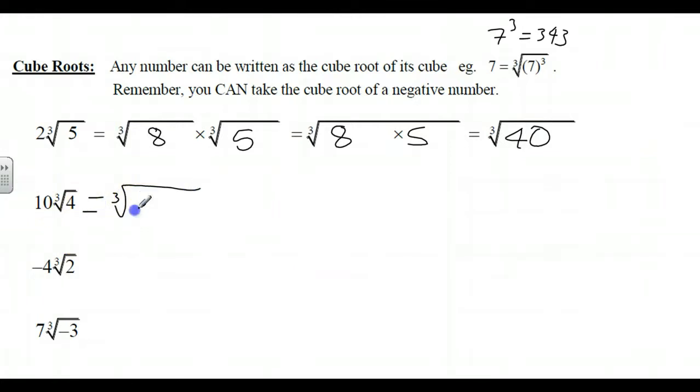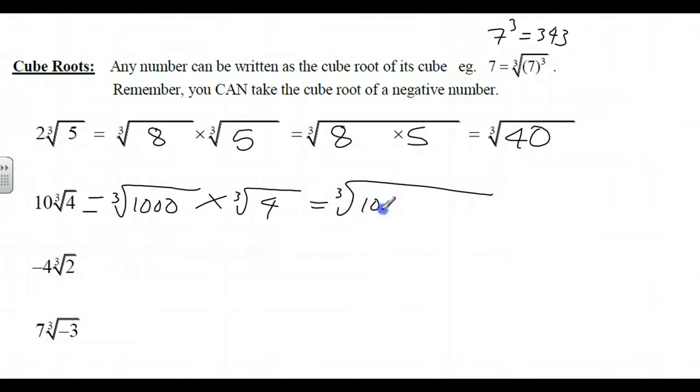Cube the 10, you get 1,000, times the cube root of 4. We bring them under one radical sign, so the product of radicals is the radical of the product. We end up with the cube root of 4,000.